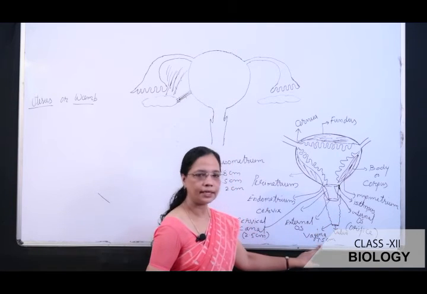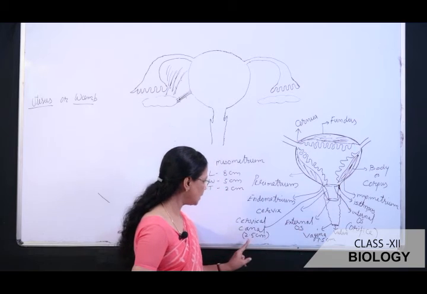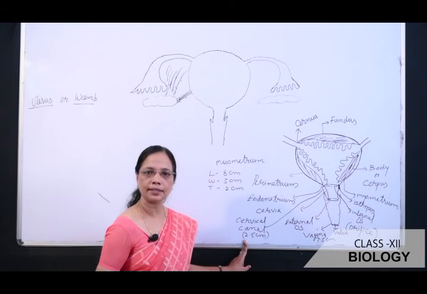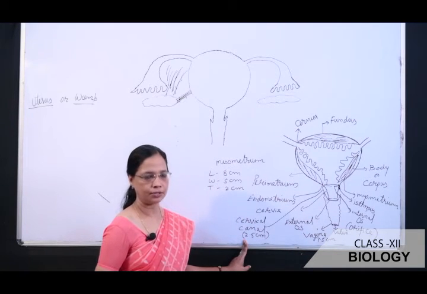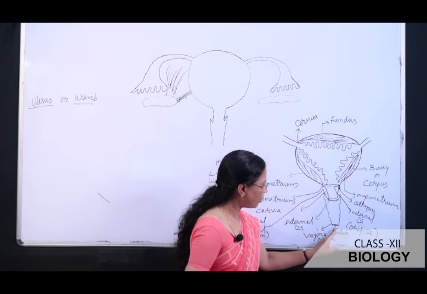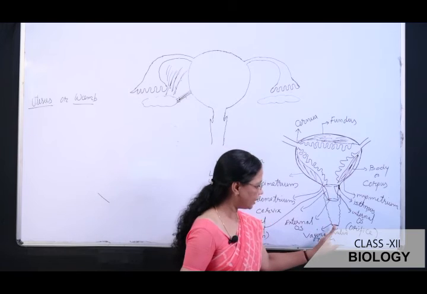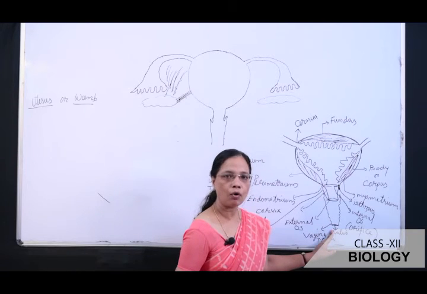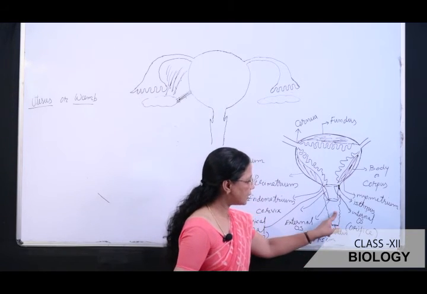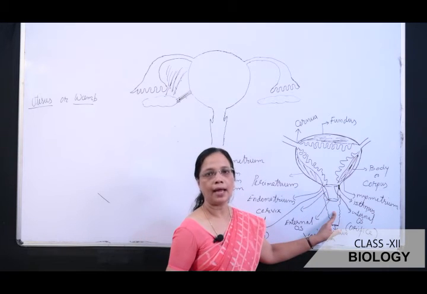The length of the vagina is 7.5 centimeter. The length of the cervical canal is 2.5 centimeter. And the opening of this vagina is said to be the vaginal canal or vulva. This is the region where sperm is deposited and fetus is expelled out.